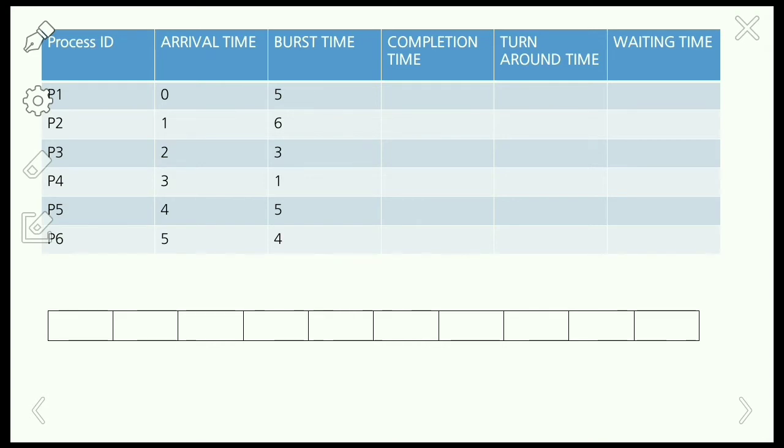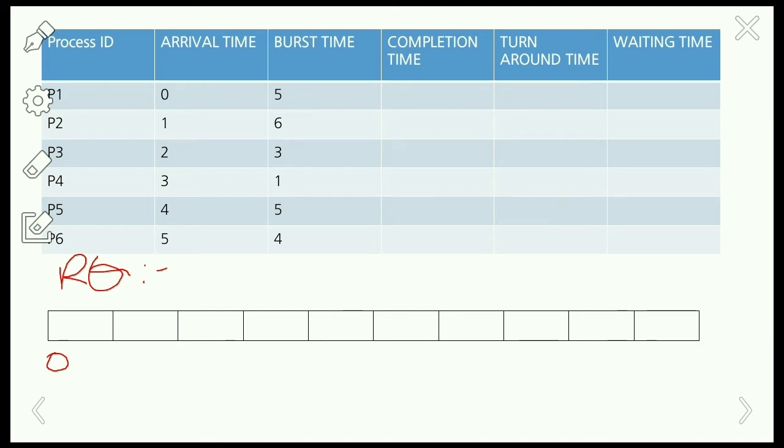Here the time quantum is taken as 4 milliseconds. The process IDs are P1, P2, P3, P4, P5 and P6. First of all, we have the ready queue, and we are going to note down the processes in it. The process with arrival time 0 is P1.